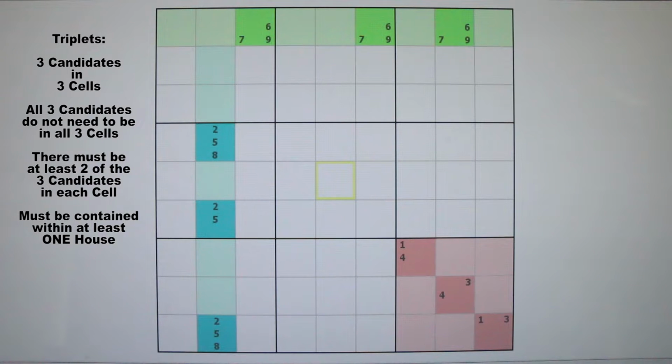In Sudoku, a subset of a triple is defined as 3 candidates in 3 cells that all lie in the same house. Remember that. 3 candidates in 3 cells that all lie in the same house. And just like pairs, these come in 3 varieties: naked, hidden, and locked.